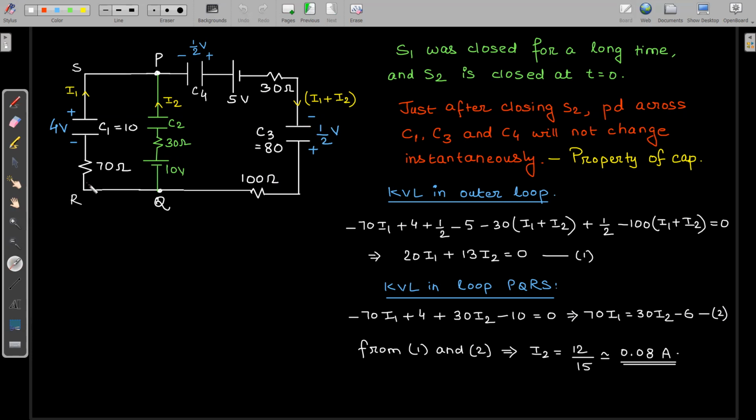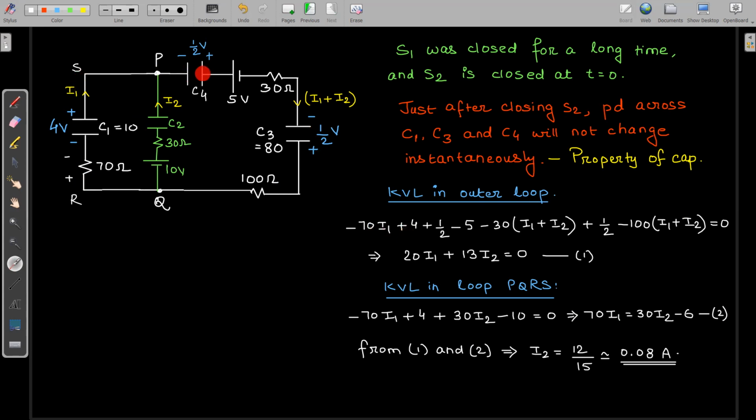So I'm applying KVL in this outer loop, starting from point R. Across the 70 ohm resistor there will be a drop since the current I1 is in upward direction, so this will be plus, here it will be minus. So by KVL, it will be minus 70 into I1. Then across C1, there will be an increase in potential of 4 volts. So minus 70 I1 plus 4 volt.